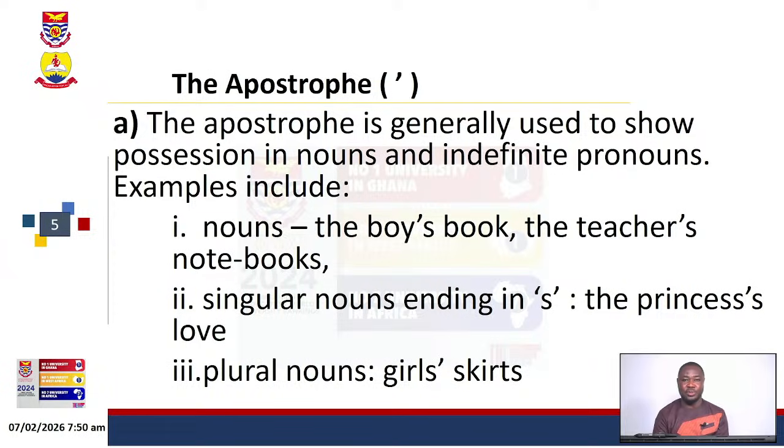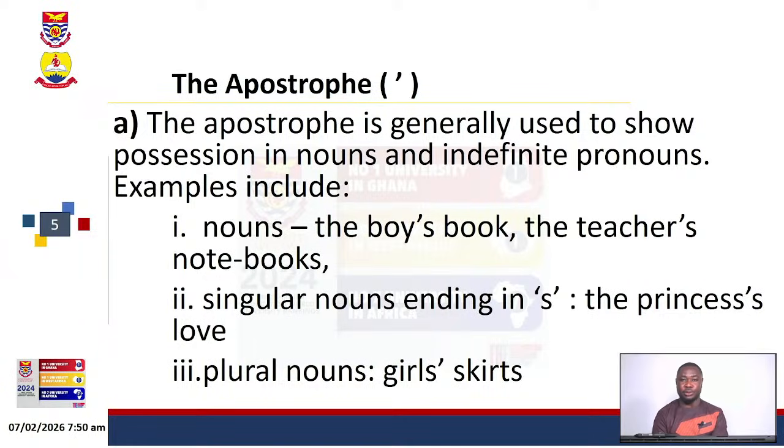But there is another instance where the noun is already plural, and if it is plural, for regular cases, it will end in S. So how do we write that also? Okay, so a noun like girls. Girls is plural and ends in S. What do we do? For this one, it is girls, apostrophe, because it is a plural noun.